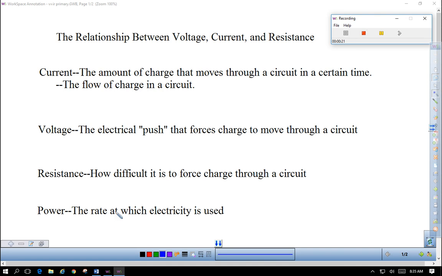Let's see, just to add a little bit in there, the symbol for current is a capital I. Oh, let's erase that. Here we go. The symbol for current is a capital I, and so a capital I is what we're going to use to identify current.